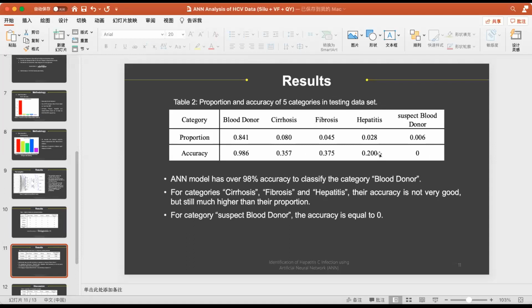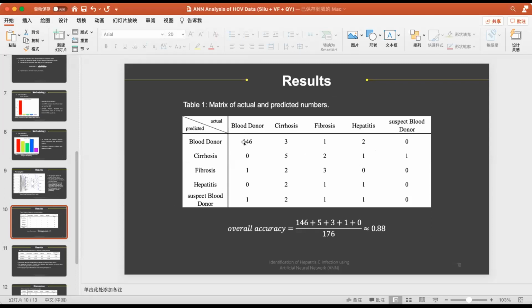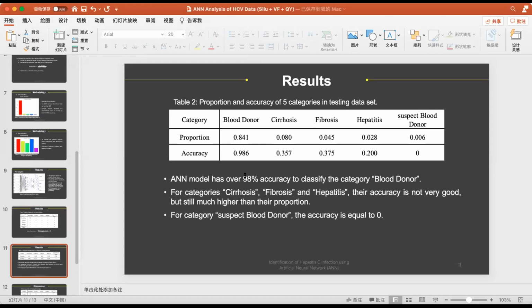So how did you compute the accuracy? You just use the number within the column. So that is actually not accuracy. That will be your conditional sensitivity. I think the term accuracy is not correct, because you already said the accuracy is 88%. Yeah, it's overall accuracy.